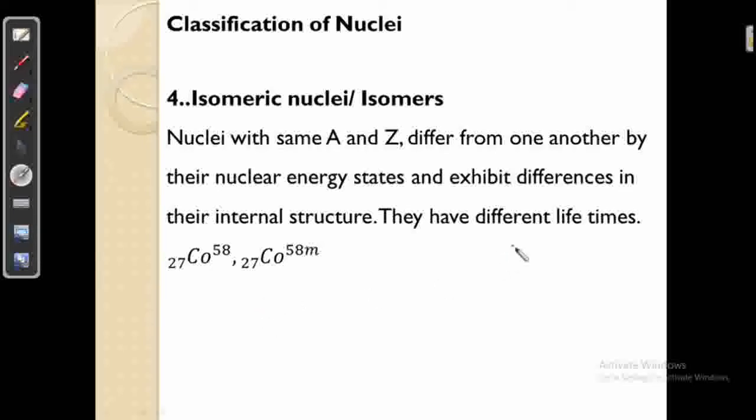They have different lifetimes. Mainly radioactive elements come under this category. Because of the different nuclear energy states, they have a different internal structure and so different lifetimes. These are known as isomeric nuclei or isomers.